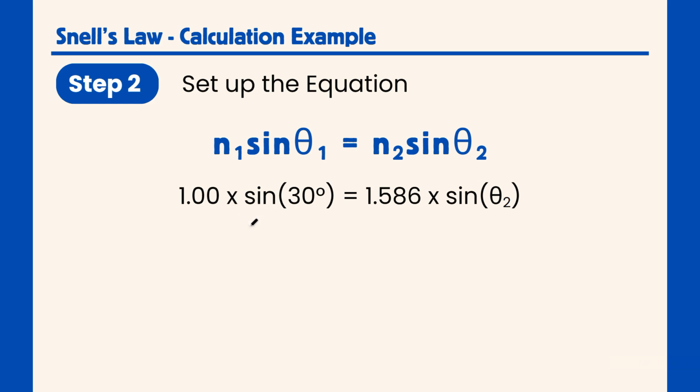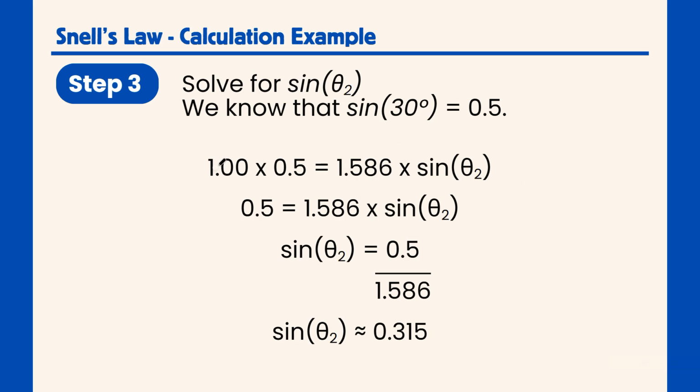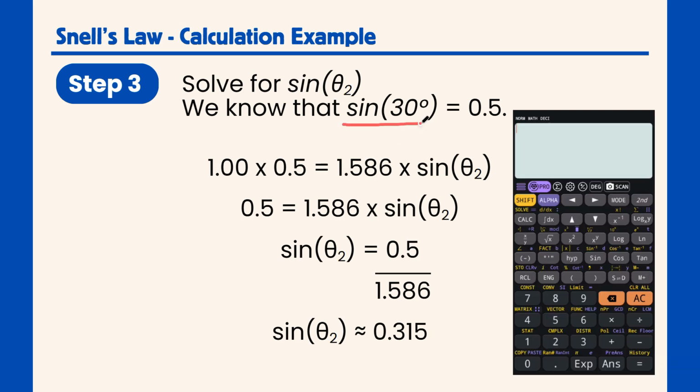So 1 times sine 30 degrees is equal to 1.586 times sine theta 2, which is the value we are looking for. We can calculate sine 30 degrees, which is equal to 0.5. So we get 1 times 0.5 equals 1.586 times sine theta 2.